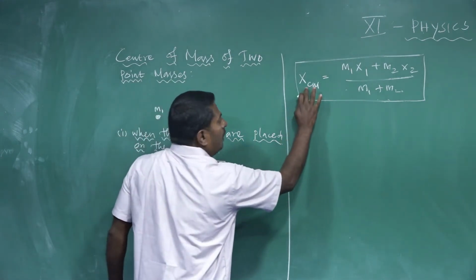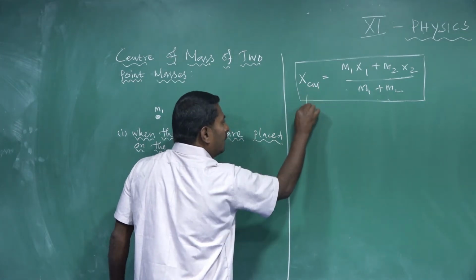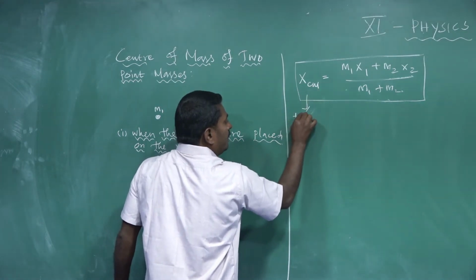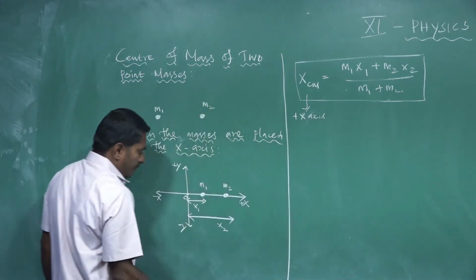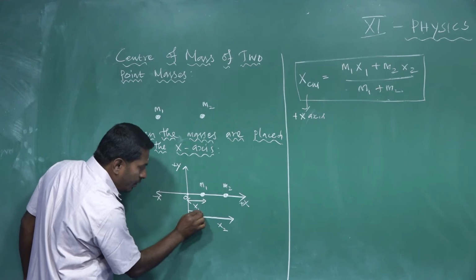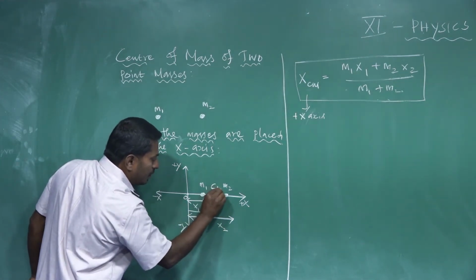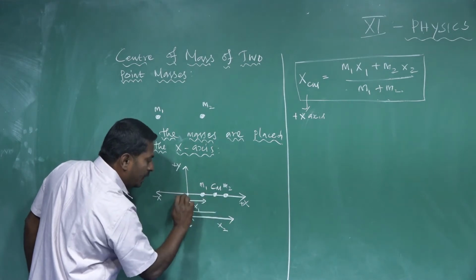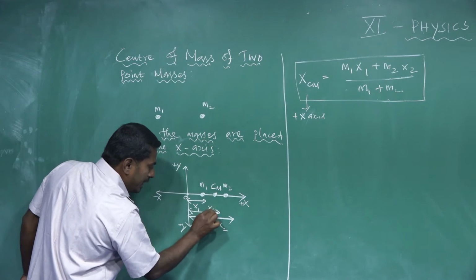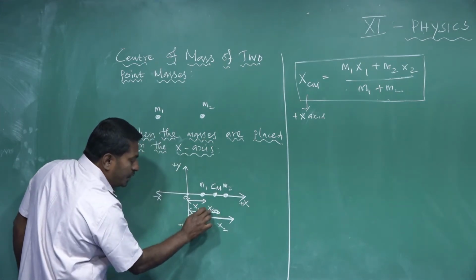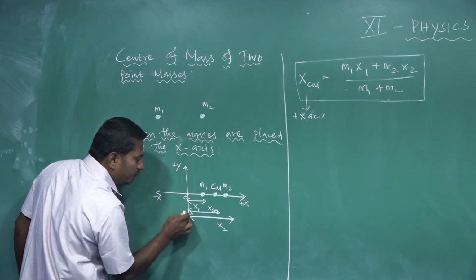So, the center of mass of the 2-point masses of the system is also lying along the positive x-axis. This is the center of mass point. X_CM is the position of the center of mass point of the 2-point masses of the system from the origin.